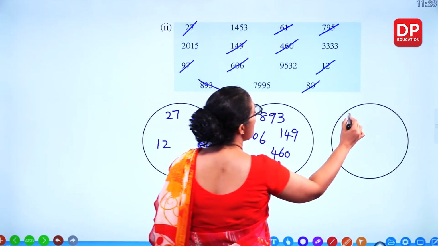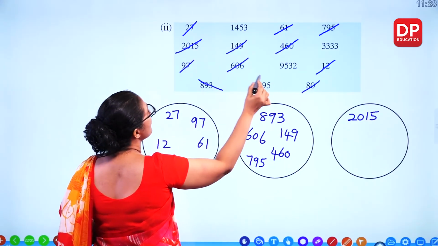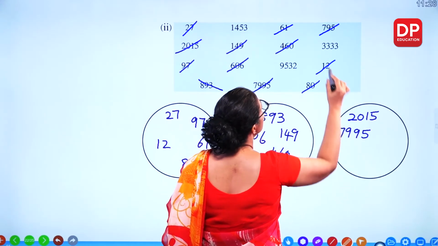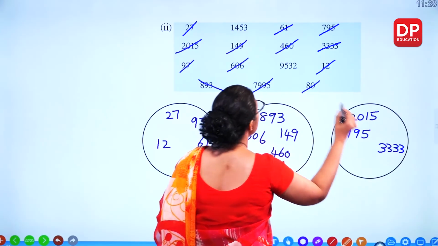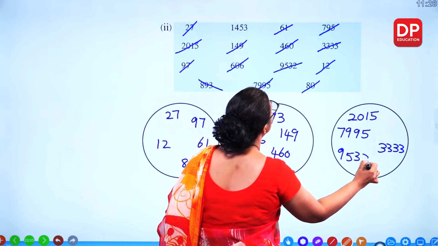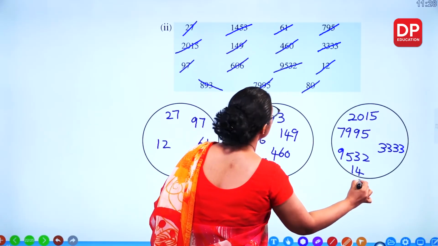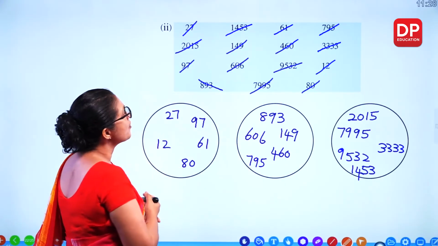Then the other numbers, 2015, 7,995, 3,333, 9,532 and 1,453 into the other group.